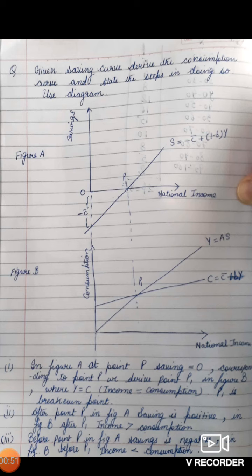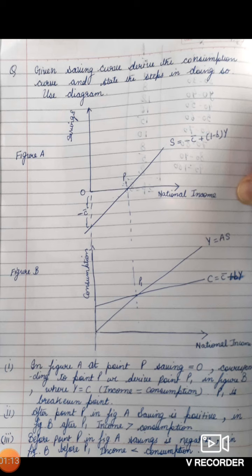First of all, we will draw the saving curve, and then we will use it. We will draw the line at the point where saving is 0, P, and drop this line to take a point on the income line Y, which will be drawn as P1.